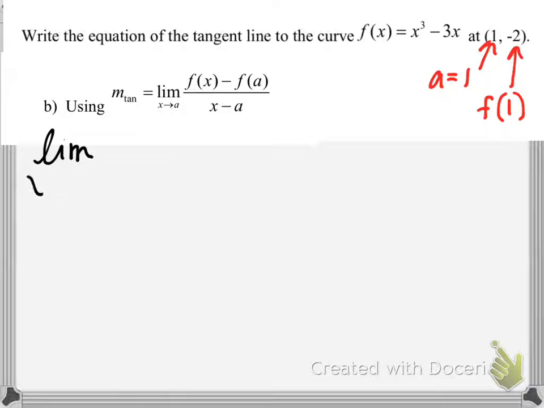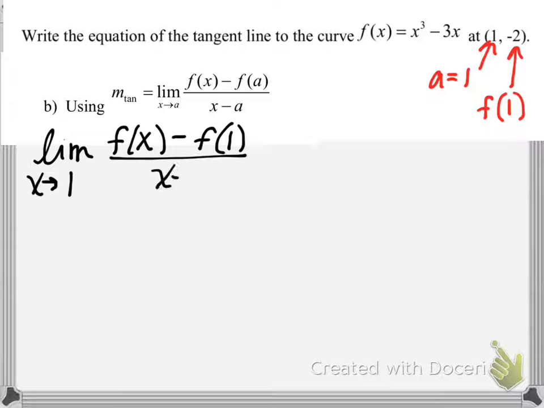So the limit as x approaches a will give us the limit as x approaches 1 of f of x minus f of 1, all divided by x minus 1. Now we know the actual function f of x, that was given.